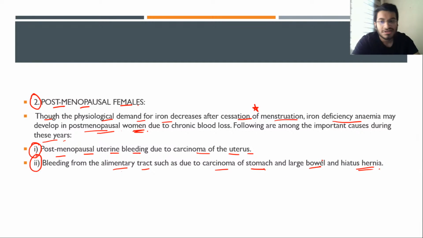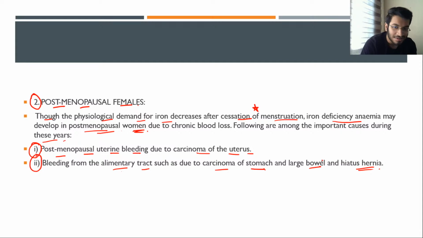hernia. So postmenopausal females के अंदर what are the causes of iron deficiency anemia? So in this also the chronic blood loss is the reason. Postmenopausal uterine bleeding due to carcinoma of the uterus is the main cause of anemia. Then bleeding from the alimentary canal such as carcinoma of the stomach and large bowel and hiatus hernia.